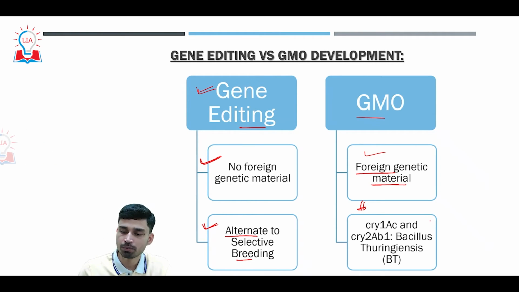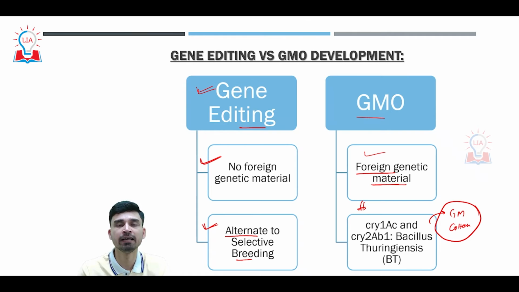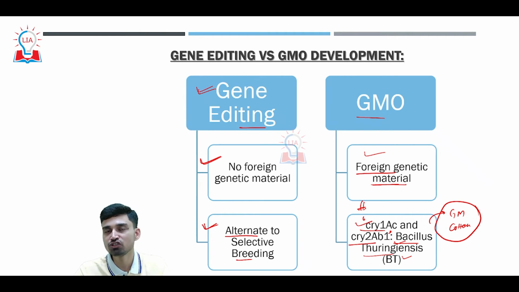For example, we can understand this from the genetically modified cotton plant, which is grown to a very large extent in India. Scientists have found a bacterium commonly found in the soils of India, called Bacillus thuringiensis, and this bacterium has yielded two separate genes, called Cry1AC and Cry2AB1, and these genes have been introduced into the cotton crops, which has made them genetically modified.